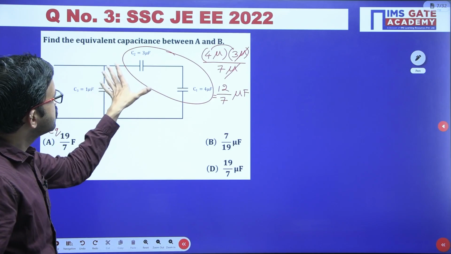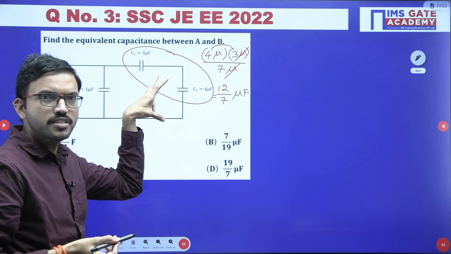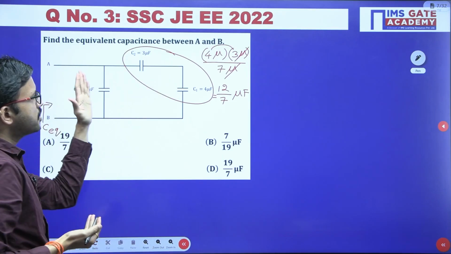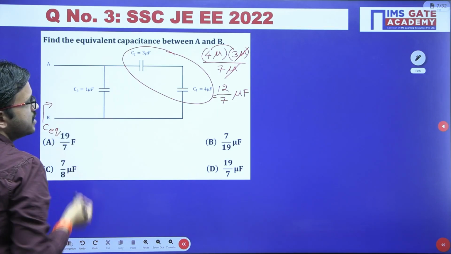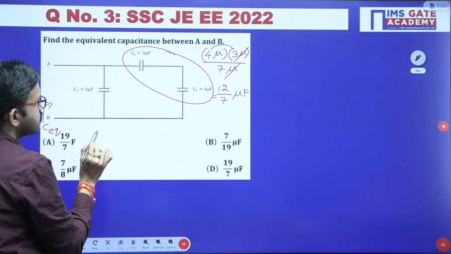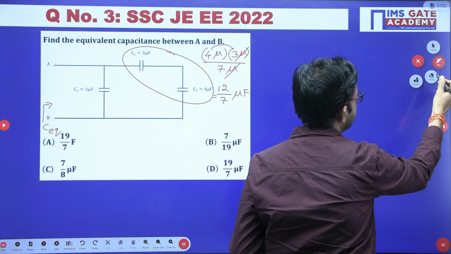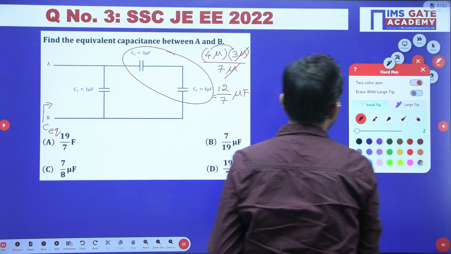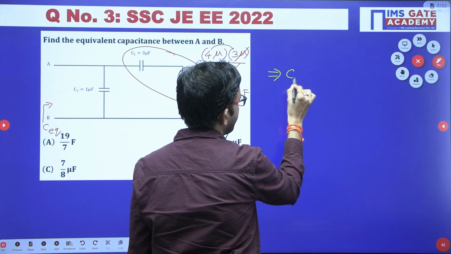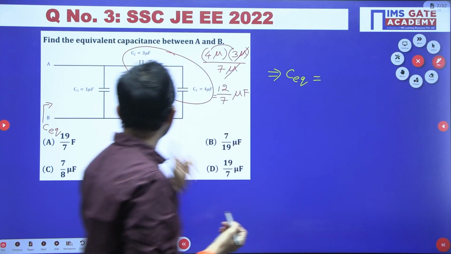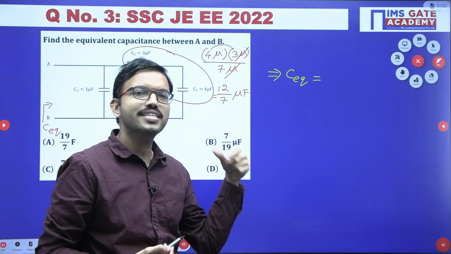Now this entire configuration gives you one single capacitor. That capacitor and this capacitor are both connected in parallel. So in this case C equivalent, since the capacitors are connected in parallel, we can use the formula just like resistors connected in series.